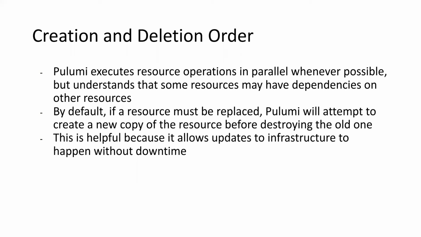And this is helpful because, like I mentioned before, some resources have dependencies. And if you delete a resource that has a dependency on another resource, that second resource would also fail. This is why you create the copy of the resource so any dependencies are satisfied, and go ahead and update it. Once it's updated, then you delete the copy. That way, there will never be a service down.